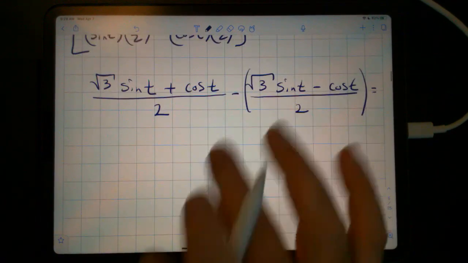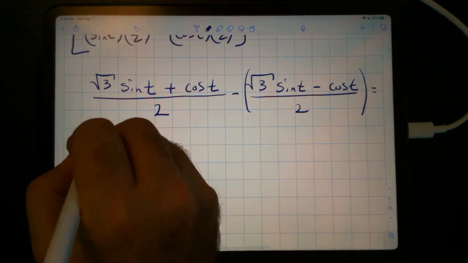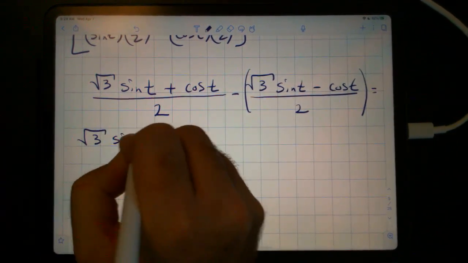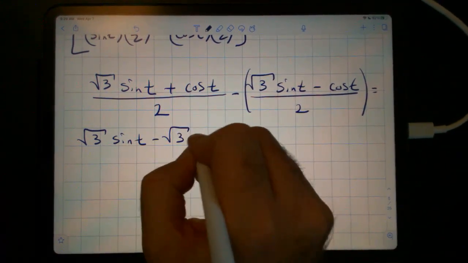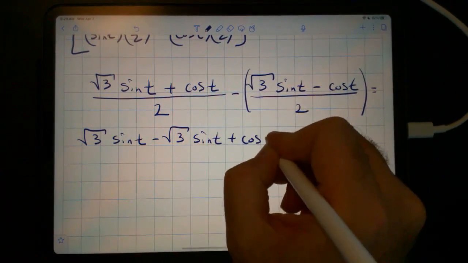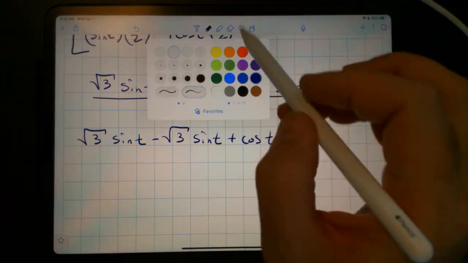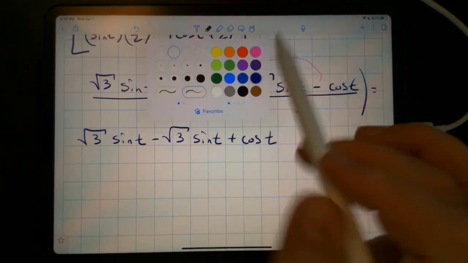Same denominator, we can combine the numerators. And then here, when I distribute the negative, turns that into a positive.